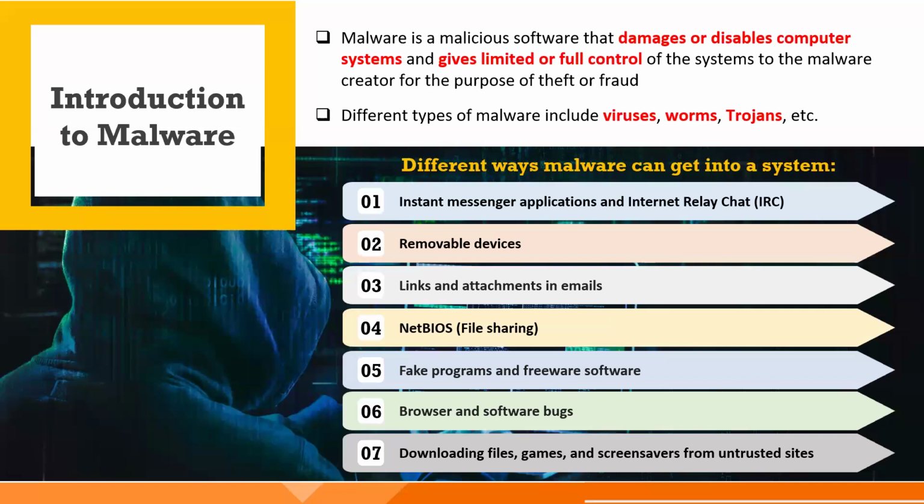It's malicious software that they want you to download so that it gets into your computer system and infects it with malware. Downloading files, games, and screensavers from untrusted sites is another route. Sometimes people go to untrusted sites to download games, files, and screensavers, but those files are not the legitimate applications they thought they were. They are just malicious software that they are bringing into their computer systems.